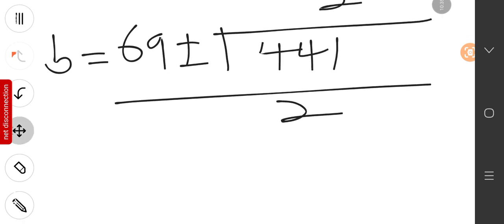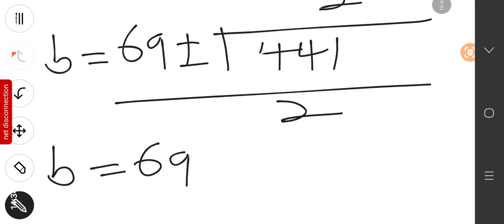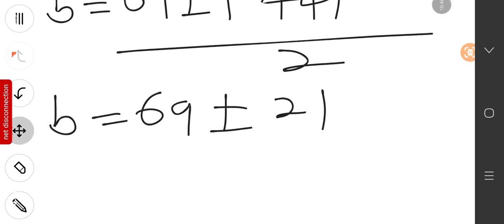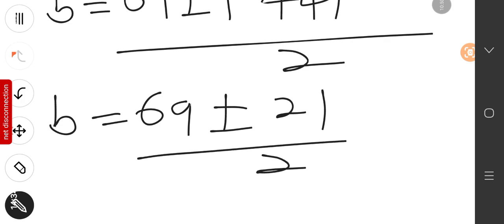Now the square root of 441 is 21. So our equation is going to be b equals 69 plus or minus 21, all over 2. Now remember, this is a quadratic equation, so we are going to have two values for b.